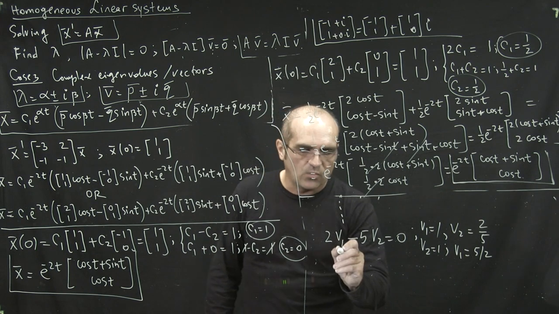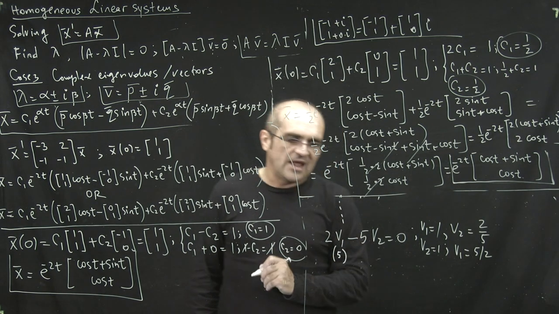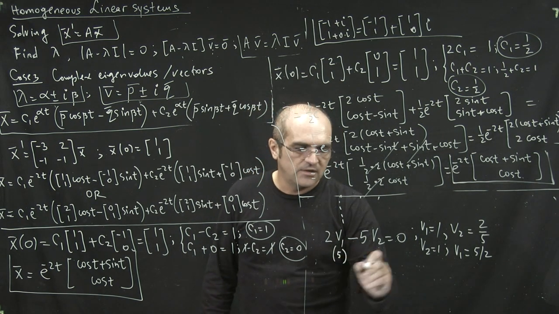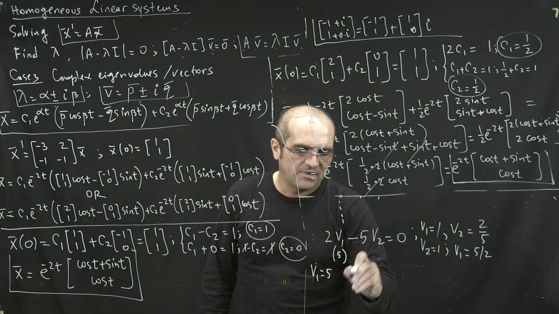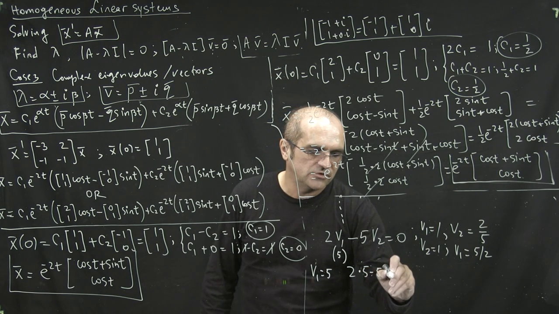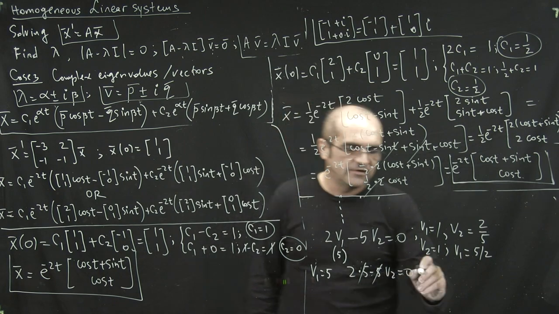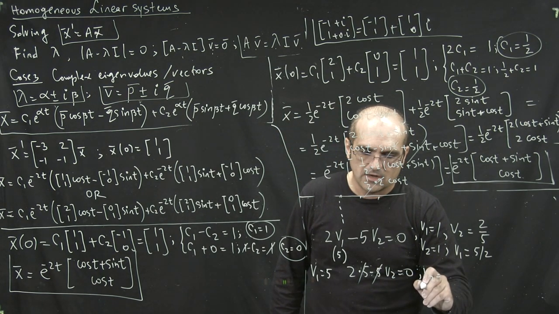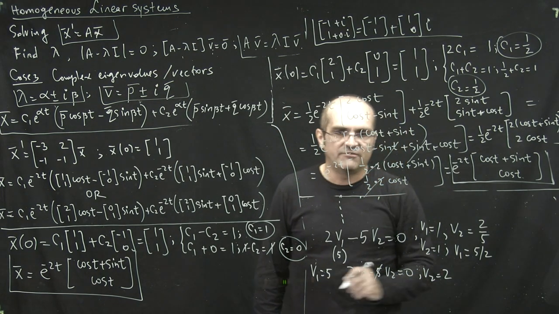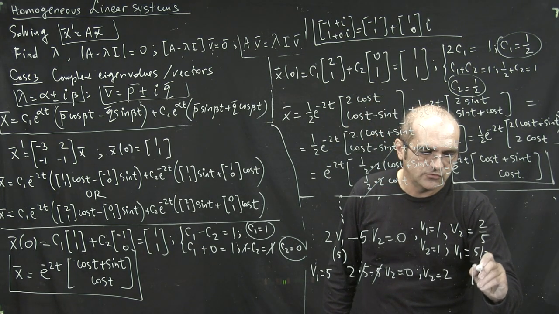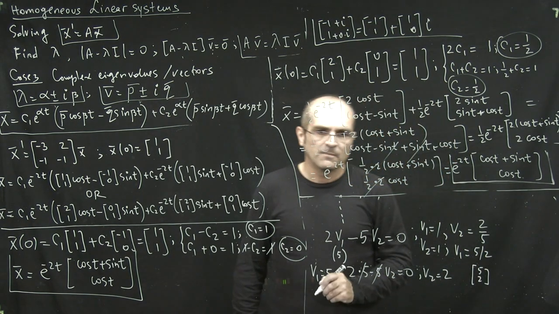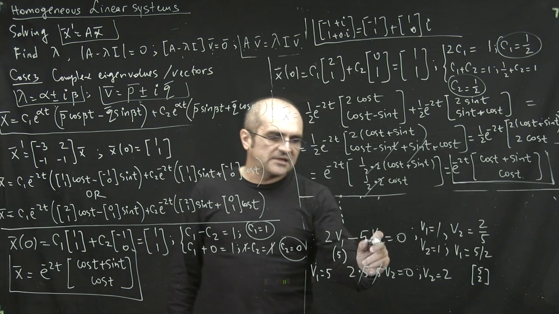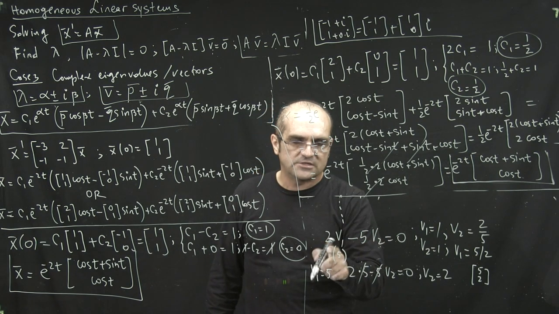So for example, one choice is to give 5 to v1, and that becomes 2 times 5 minus 5 times v2, cancel 5, v2 would be 2, and then a version of the eigenvector is 5, 2. Or you could choose to let v2 be 2, which will cancel with this 2.